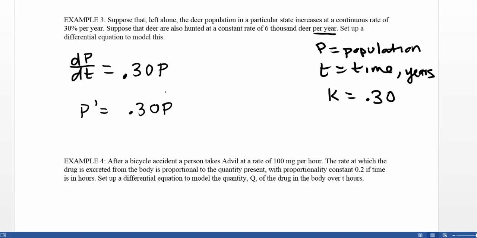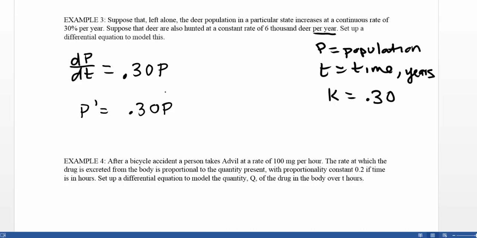Now, I don't know how much the population is, but if we had, say, 100,000 deer and we were growing at 30% per year, then we would do 30% of 100,000, which would give us 30,000. So that would be the derivative, right? So we're talking about the growth. The derivative is the rate of change. It would be 30,000 per year in growth.